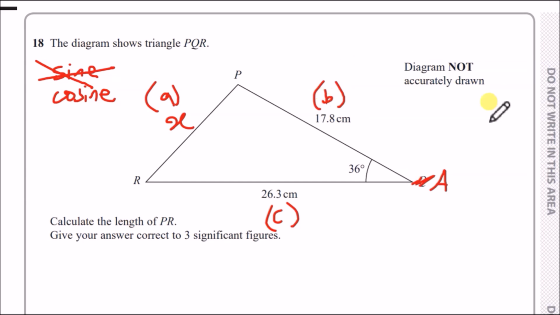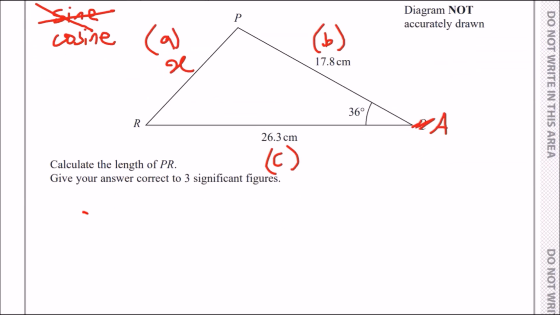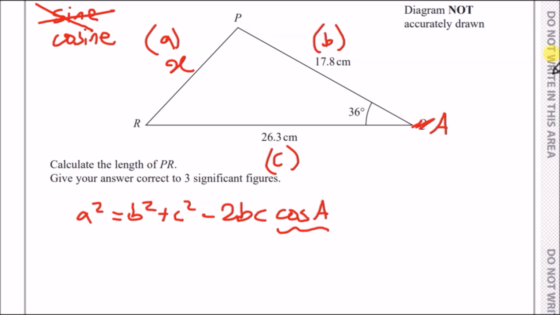According to the cosine rule formula, it's written as a squared equals b squared plus c squared minus 2bc cos A. You can see that capital A is the angle here. Because we have everything we need, we just substitute in.